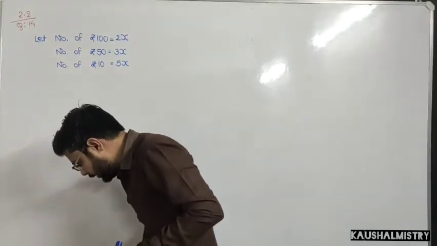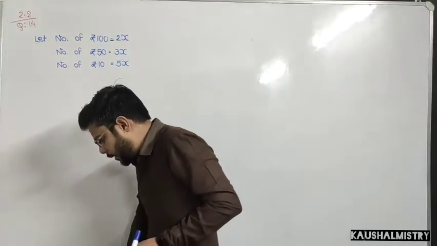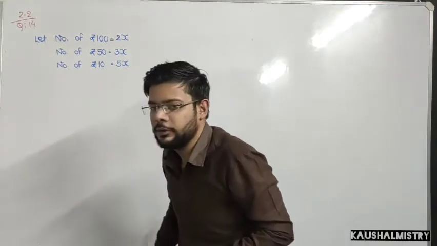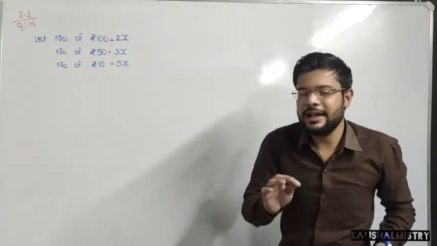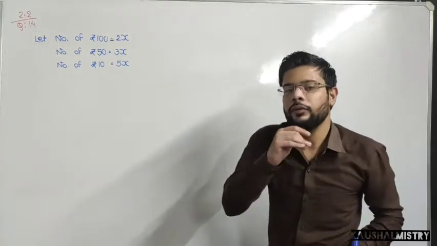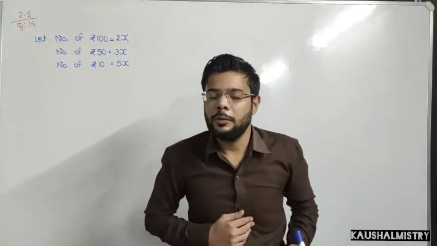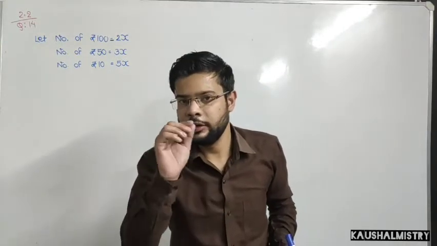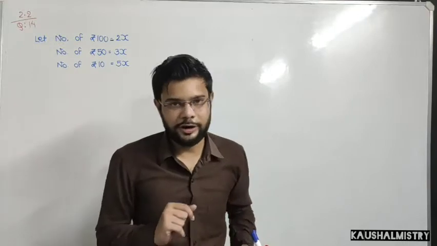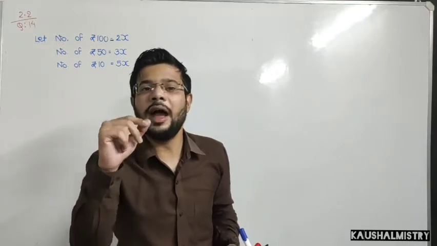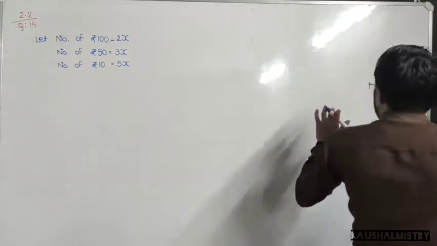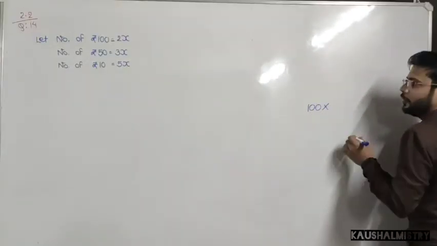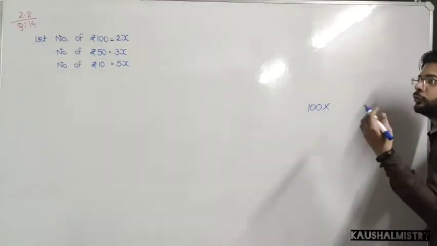And the total cash with Lakshmi is 4 lakh. How many notes of each denomination does she have? That means total cash is equal to 4 lakh. हमारे पास 100 रुपीज की दो नोट हुई तो हमारे कितने रुपीज हो गए होंगे? 200 हो गए. 5 होगी तो 500 हो गए. जितनी भी नोट है उसको मल्टीप्लीकेशन बाय दैट रुपीज नोट. मतलब 100 की नोट हो तो जितनी भी नोट हो उसे 100 से गिनना पड़ेगा.